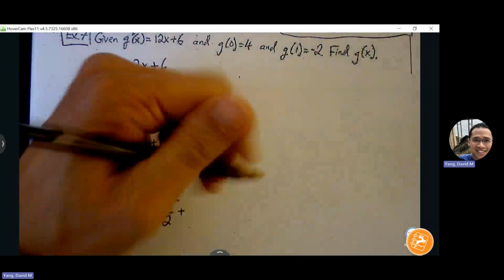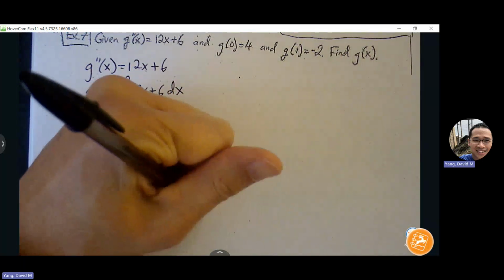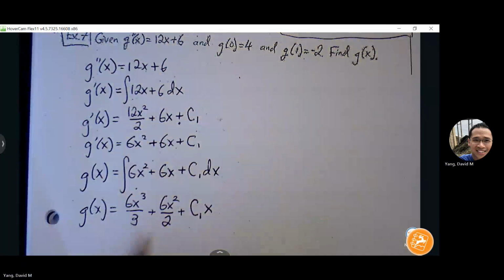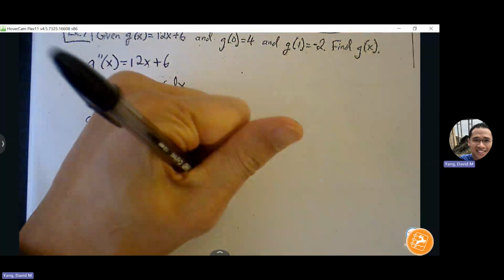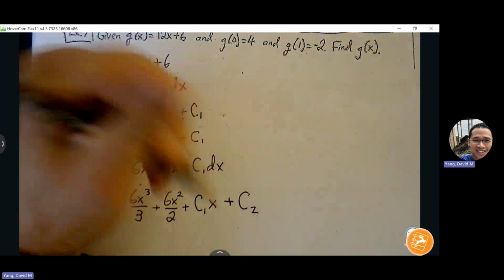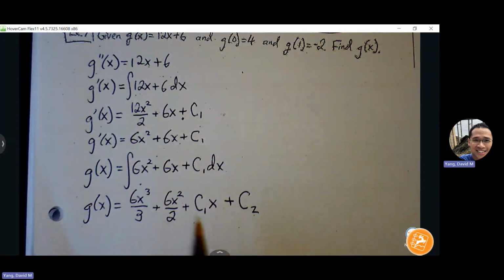So we'll do the same thing here, plus c sub 1 x. But this will produce its own what? Yeah, its own c sub 2. So a c sub 1 and c sub 2 will show up, because before, c sub 1 was just a constant, but now it's a degree 1, and then there's another constant that will show up again, right?